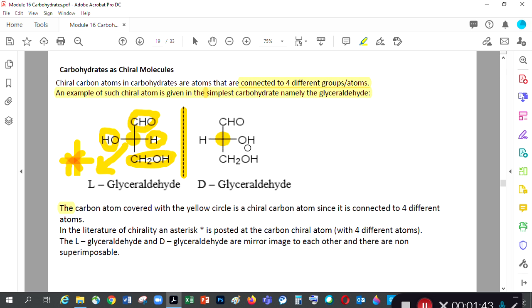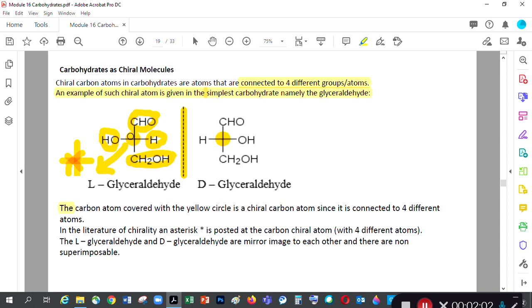We'll talk about the unique thing about chiral carbon, that they yield a structure that's not superimposed. Correct? Not superimposed to each other. These images are not superimposed to each other if we have a mirror here.